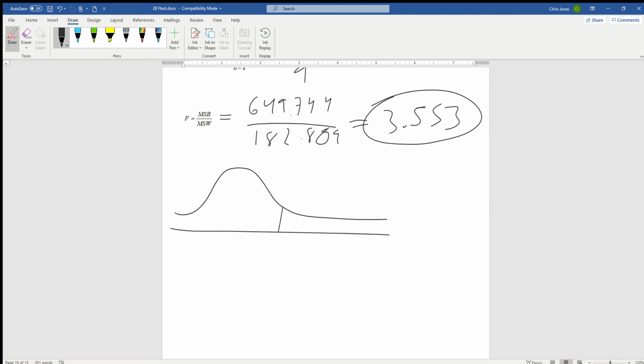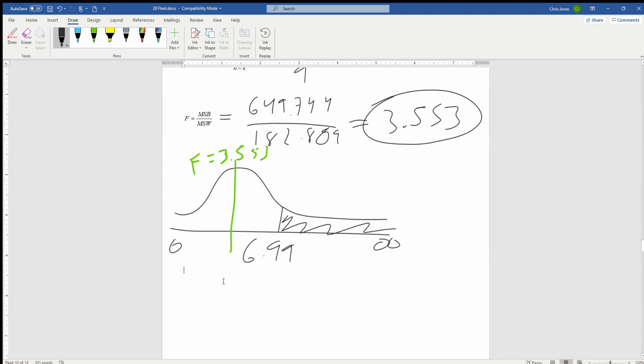So remember our F critical was 6.99. We had 0 to infinity. Obviously 3 is less than 6, so we have our F statistic, which is 3.553. And that suggests that there's, again, not enough evidence to say a significant difference in the means.